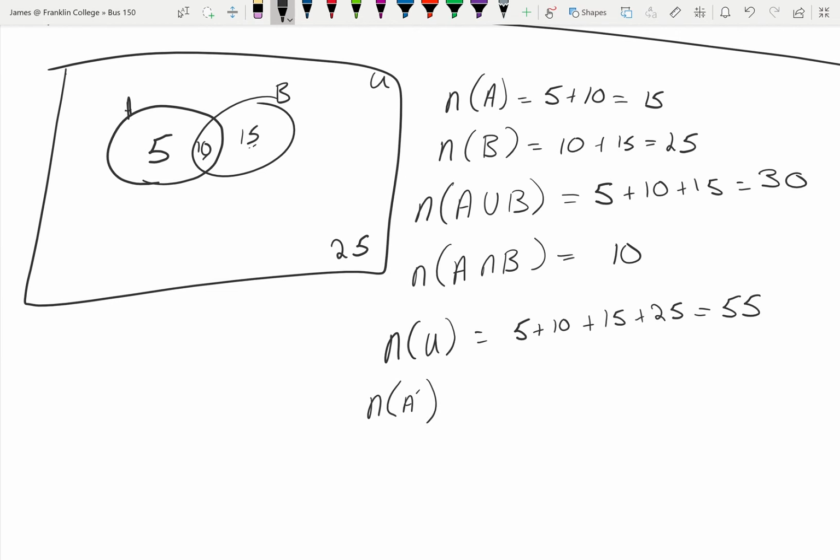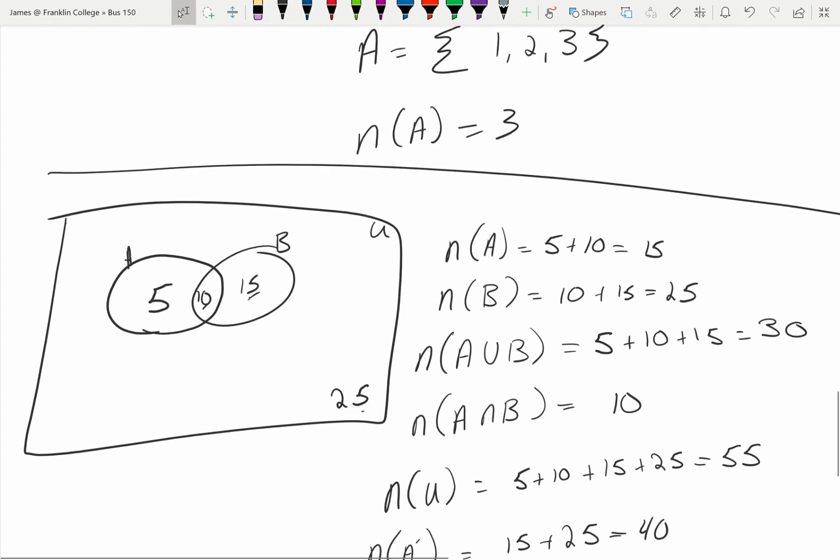One way that we can think about that, well, that is all the things that are not in A. So we can sum up all the things that are not in A. Well, we got 15 here and we got 25 here, which equals 40.